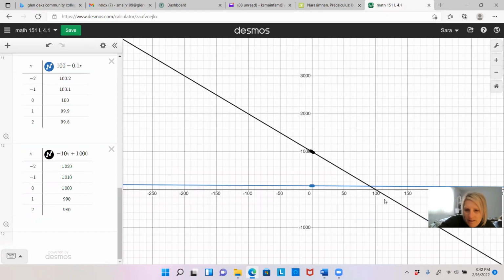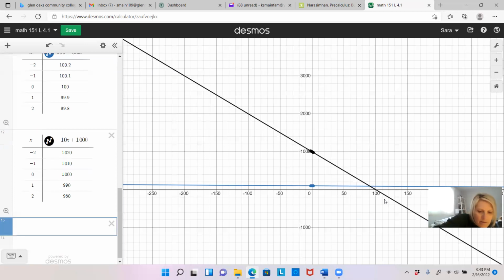It's hard to see that these are inverse functions of each other because, let's just do y equals x there.